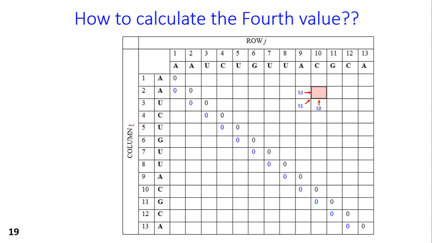These three values are required. The fourth value depends on which k values are present over here, which would eventually decide the fourth value that you need to compare along with these three values.